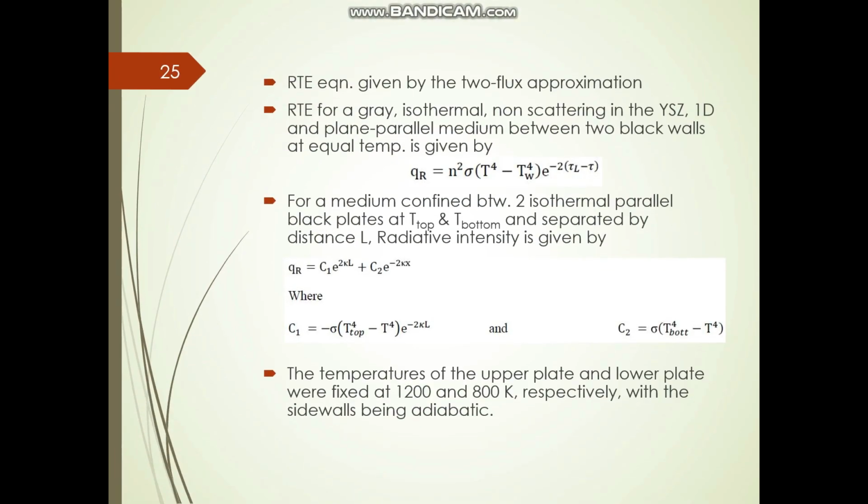medium. The simple solution of the radiative transfer equation for a gray isothermal non-scattering, one-dimensional and plane parallel medium between two black walls at equal temperature is given by this equation, in which sigma is the Stefan-Boltzmann constant, T and Tw are absolute temperatures of the medium and walls, and tau is the optical thickness.